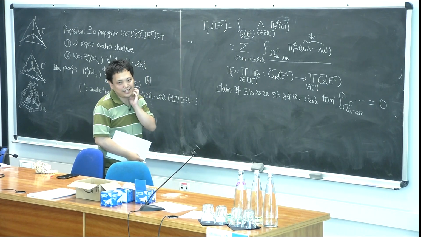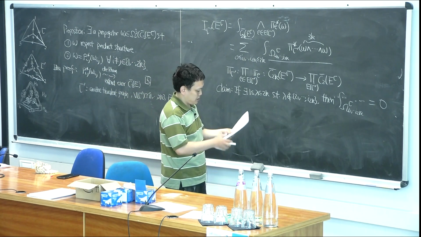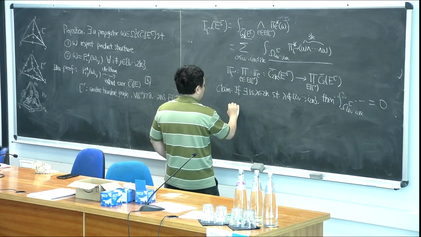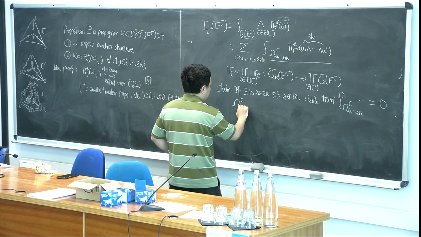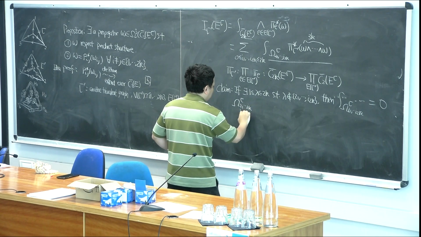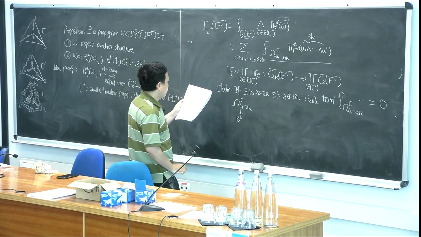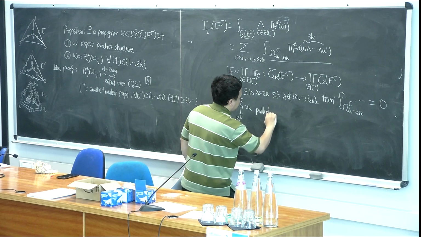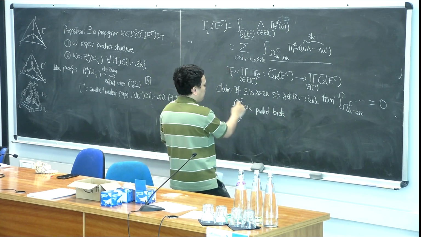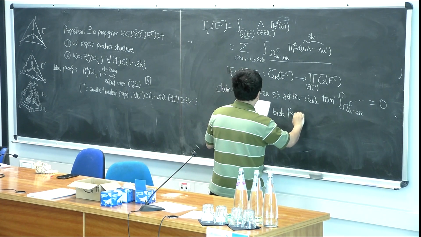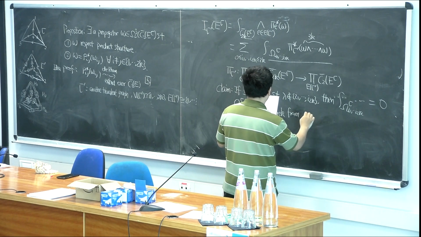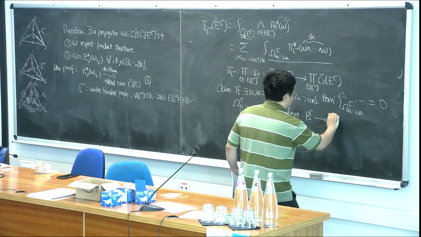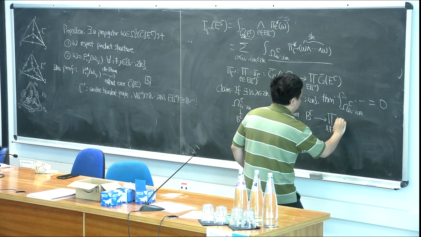Why is that? Essentially, this is because this bundle over B gamma is actually pulled back from a smaller base, from a map from B gamma to the one that omits lambda.